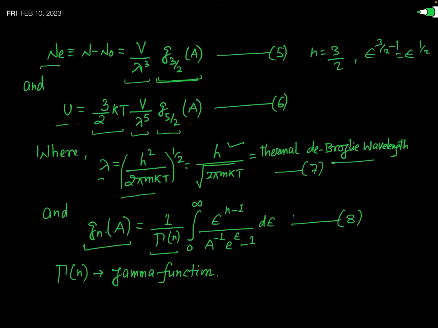So you can see when n is equal to 5 by 2, then for the integral here, this will be in fact epsilon to the power 5 by 2 minus 1, which is epsilon to the power 3 by 2.